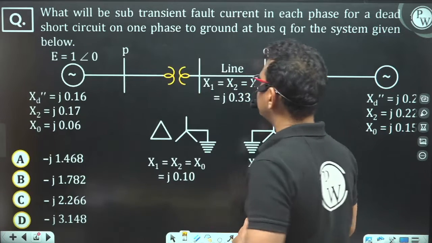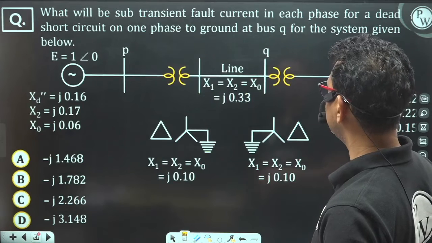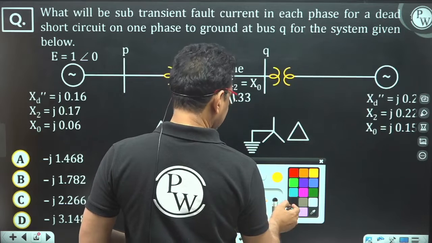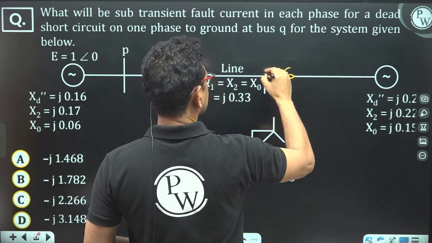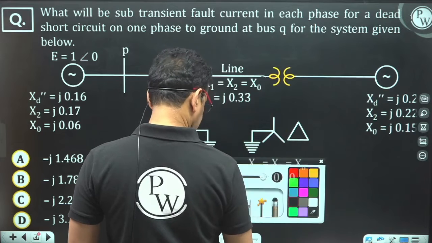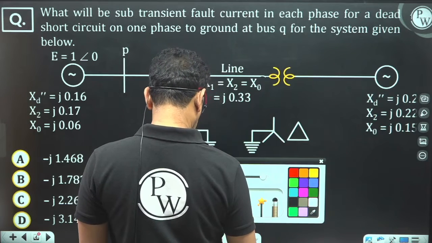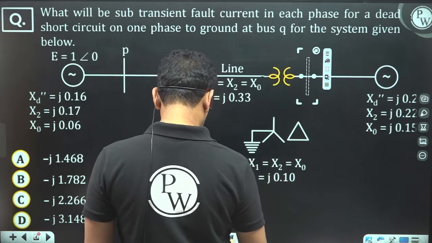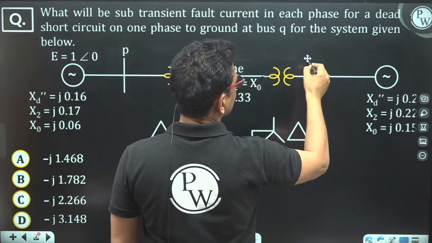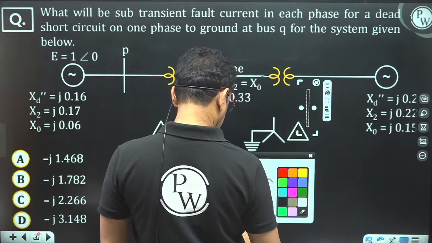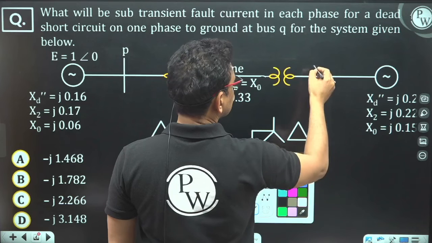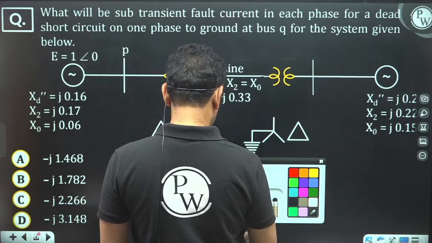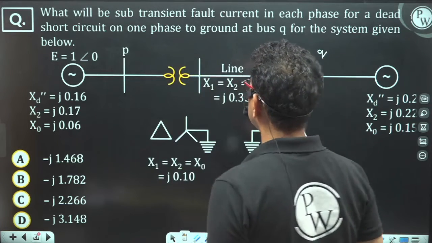See, it is having two buses, P bus and the Q bus.